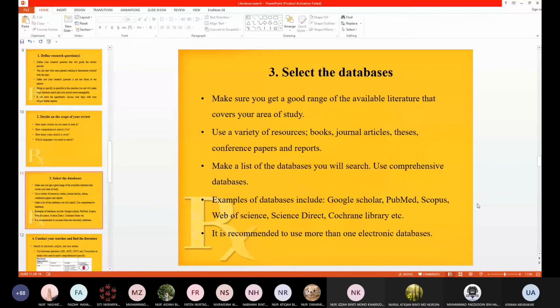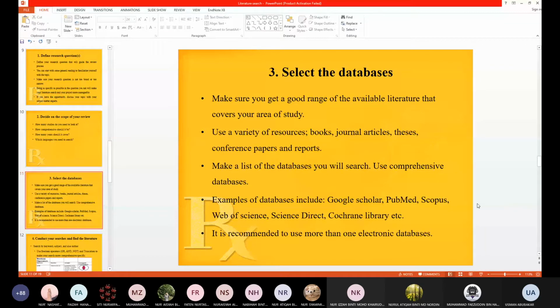So if there's any that I would suggest you use, not alone though, it should be either Google Scholar or PubMed. PubMed is a very large database. Google Scholar is also very good. You can use Web of Science, which is more of articles that are indexed in ISI. Science Direct is more of Elsevier, and Cochrane is more of articles conducted by the Cochrane review team.